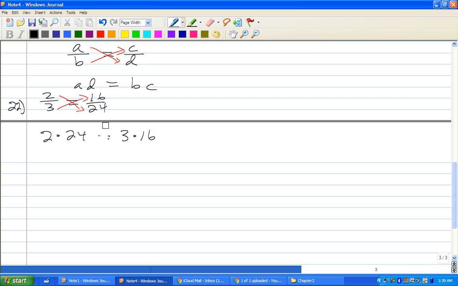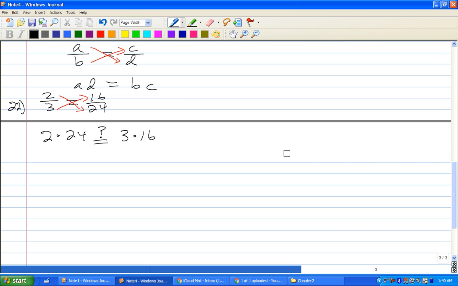Now it's very important to put a little question mark above the equal sign, because if you didn't have the question mark, you'd be saying that these two things are equal. Well, you don't know if they're equal. That's what you want to check. If you get rid of the question mark, that would say that that's a true statement.